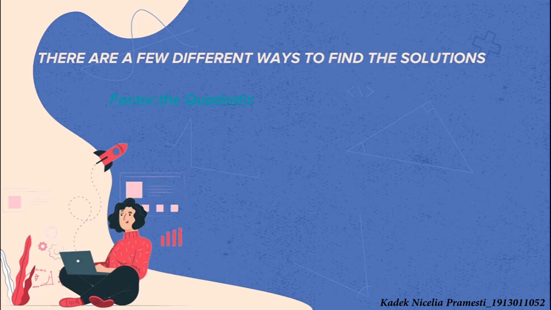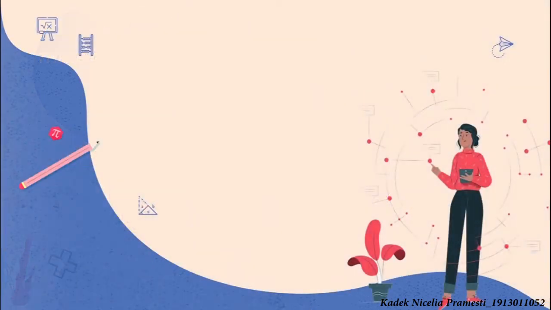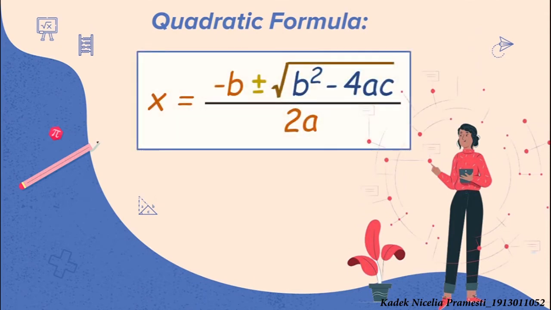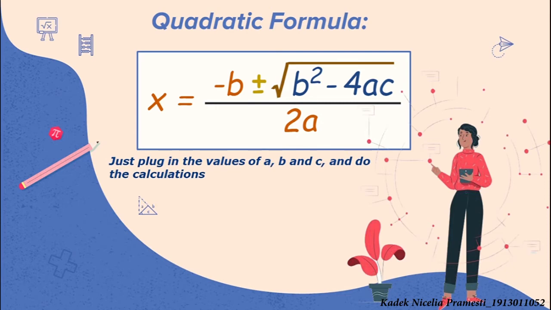We can factor the quadratic, we can complete the square, or we can use the quadratic formula. Quadratic formula: x equals minus b plus or minus root of b squared minus 4ac, over 2a. Just plug in the values of a, b, and c and do the calculations.